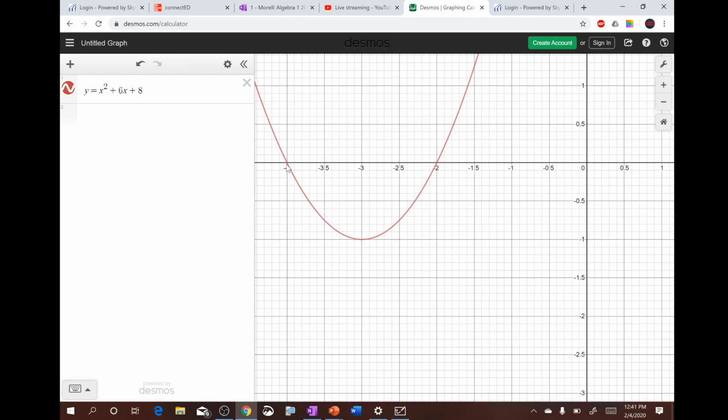Whoa. That's a whoa moment. Those are the solutions, or the x-intercepts, of the graph of the equation.